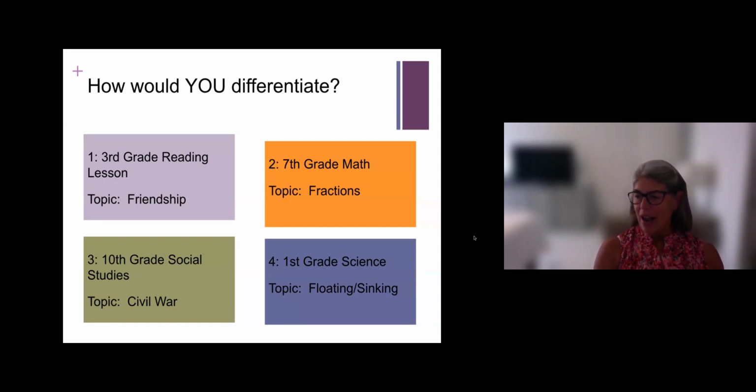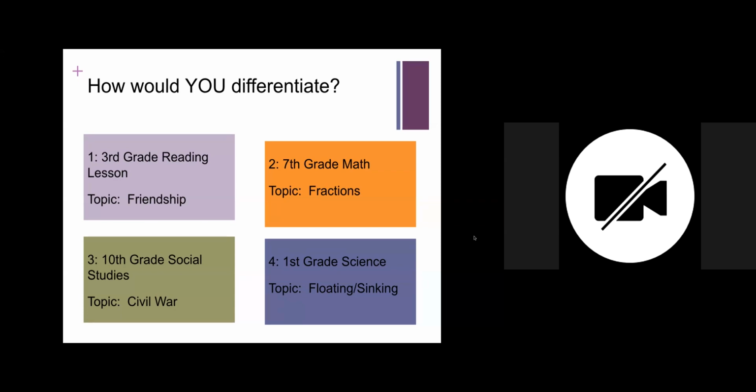So let's say one could be toys, one could be food. So they're all doing sinking and floating, but because the things they're putting in the water are different, that would be based on interest. You see what I mean? Yeah, that sounds better.